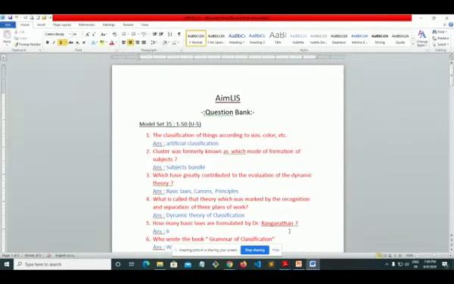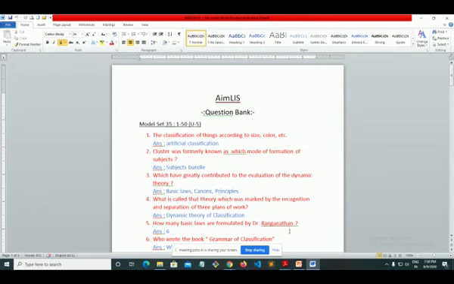There are 50 questions with answers and some examples are: Number 1, the classification of things according to size, color, etc. Answer: artificial classification. Number 2, cluster was formerly known as which mode of formation of subjects? Subject bundle. Number 3, which have greatly contributed to the evaluation of the dynamic theory?